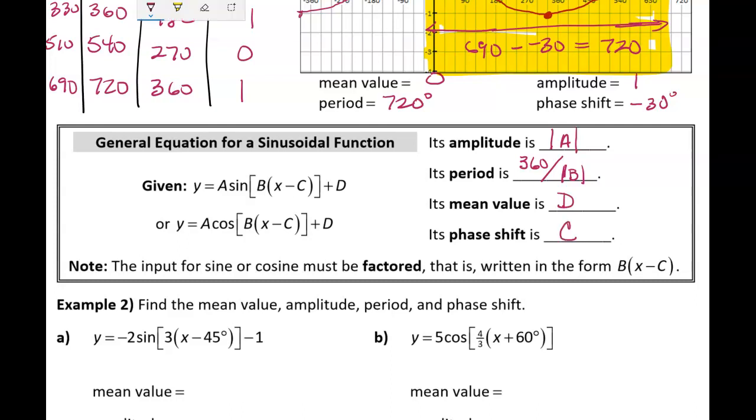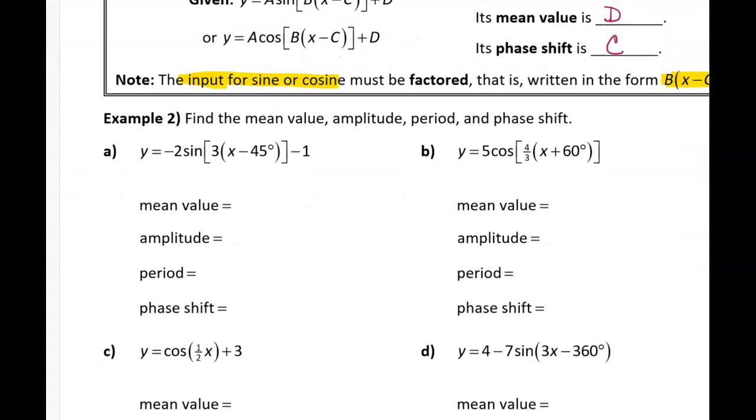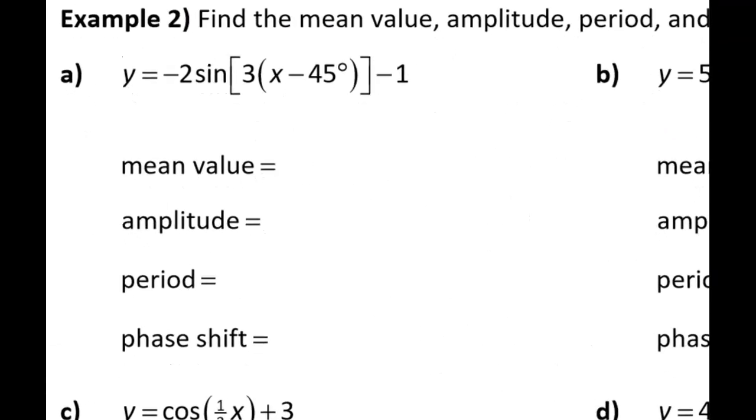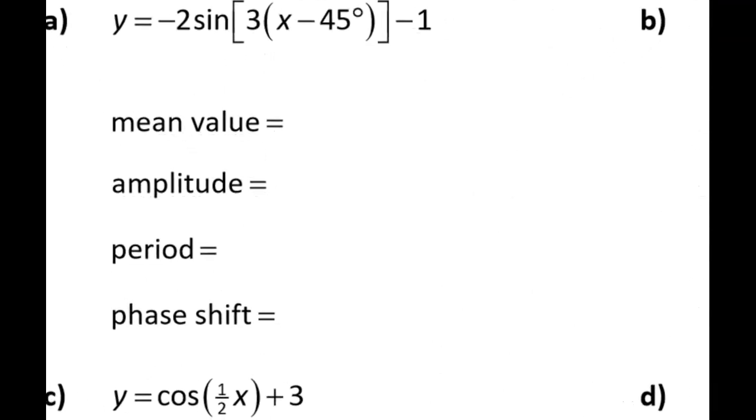A quick note, in order for us to find that phase shift, that input for the sine or the cosine, whatever's on the inside, has to be in that factored form b times parentheses x minus c. All right, so let's do a little practice at finding all of those attributes of a graph. We're finding the mean value, amplitude, period, and phase shift.